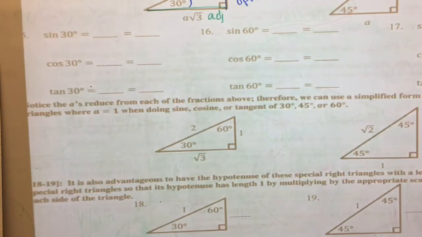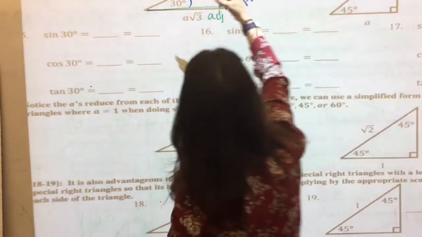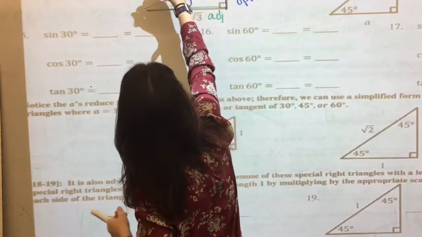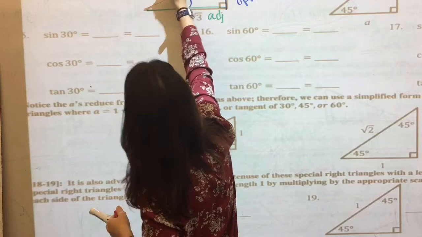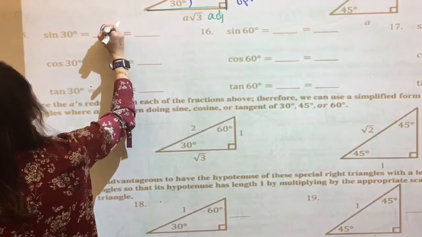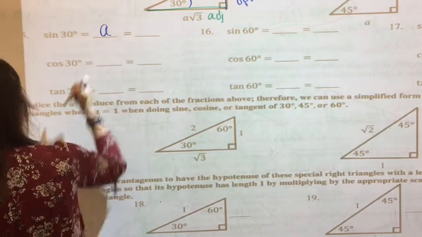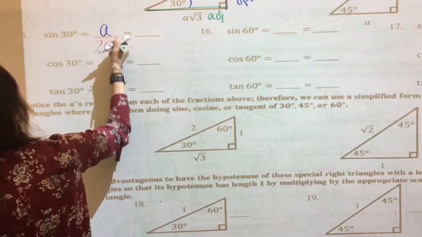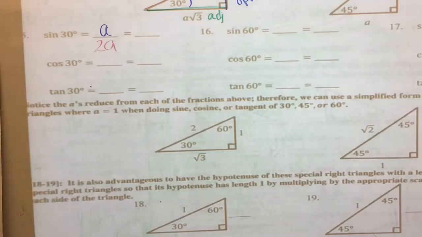All right, and hypotenuse. So using this triangle here, I want to complete my ratios. Ayana, can you tell me what the ratio for sine 30 is going to be? A over 2A. Excellent. And then I need to reduce that.